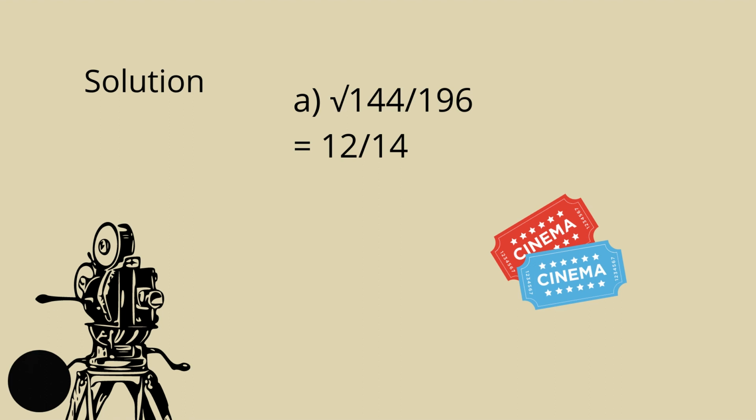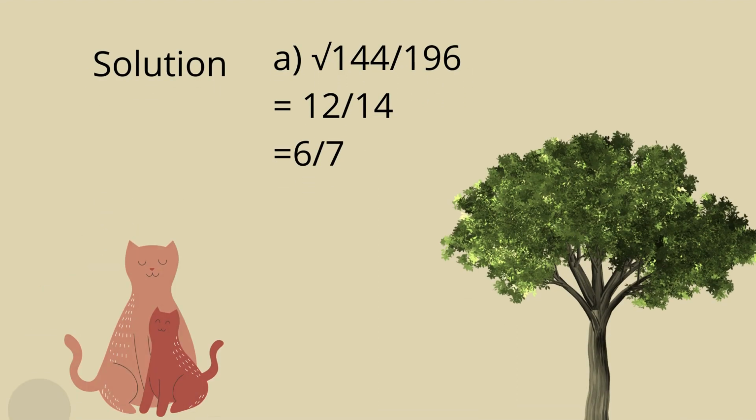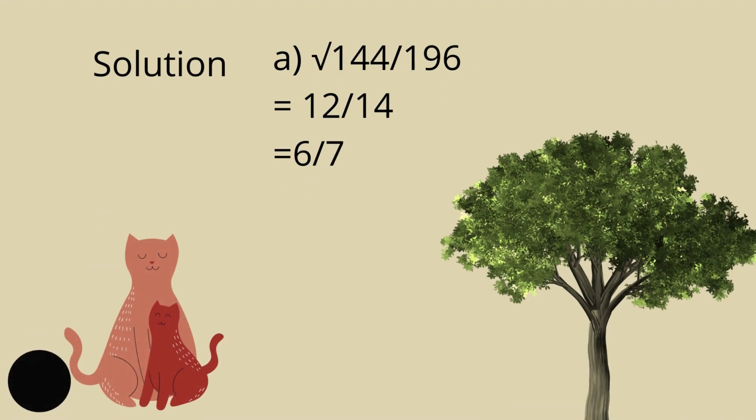We can use the repeated division method to divide 196 and get 14 times 14. Then we have to make it to its simplest form. 12 and 14 are even numbers, so both can be divided by 2. 12 divided by 2 is 6, 14 divided by 2 is 7.